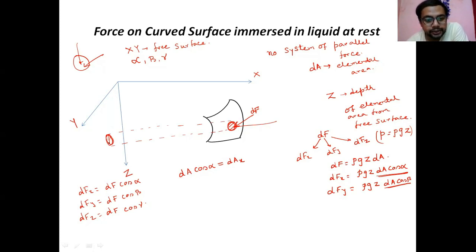If you project here, what is it? The dAx area. So what is the force acting over it? The distance z is given from the free surface.